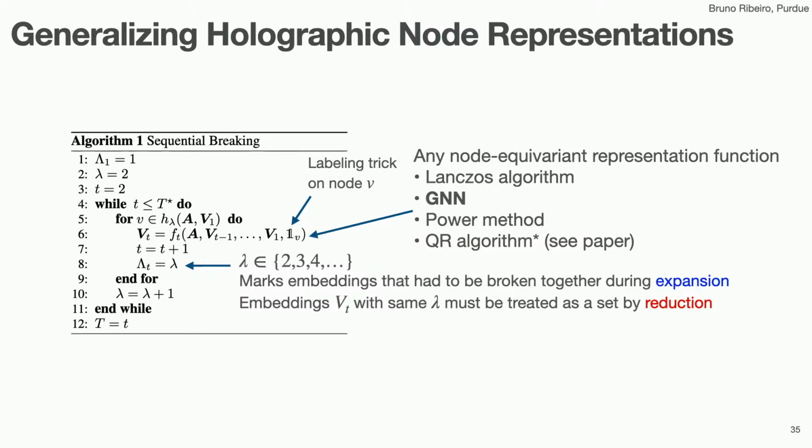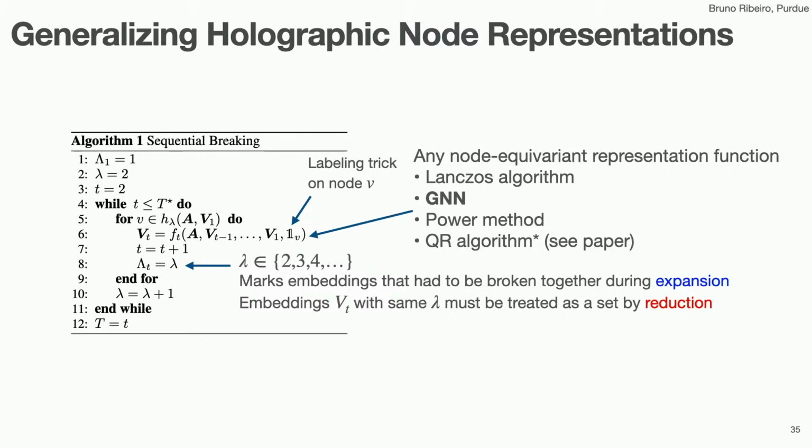Okay, so then there is another part, which is for all the nodes that were the kind of symmetry nodes that you had to break together, you had to choose one by one, you have to tell them that, for the reduction map, these need to be used as a set. So when you use these embeddings, you have to use the embeddings as a set of embeddings because there is no specific order. The way that you broke the symmetries is arbitrary. So you need to remember this is a set, and therefore you give the same number for all those vectors.